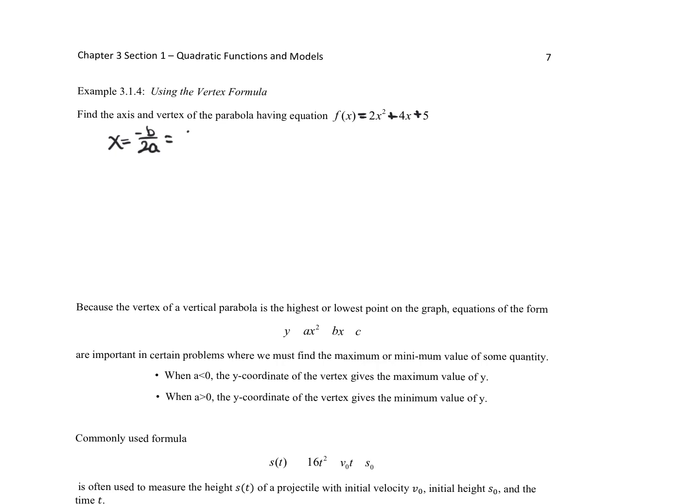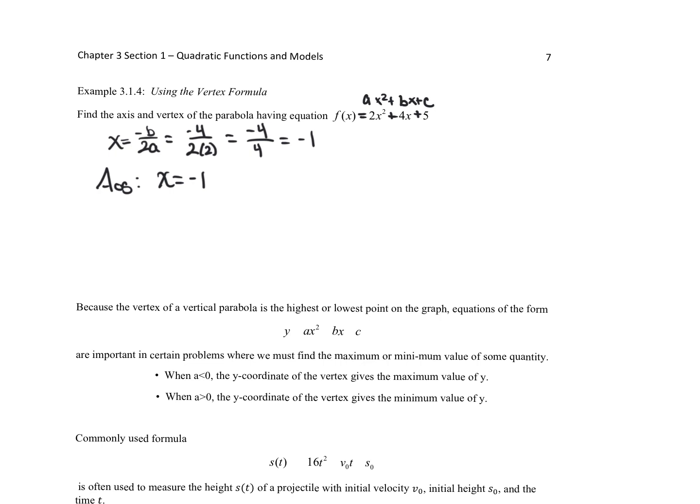So my b is 4, so negative 4 over 2 times a is 2, from ax squared plus bx plus c. So you're going to get negative 4 over 4 equals negative 1. So the axis of symmetry is x equals negative 1.